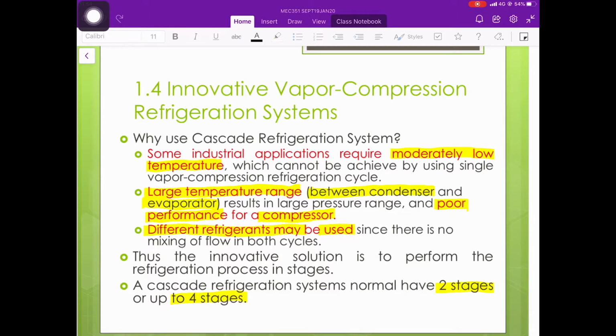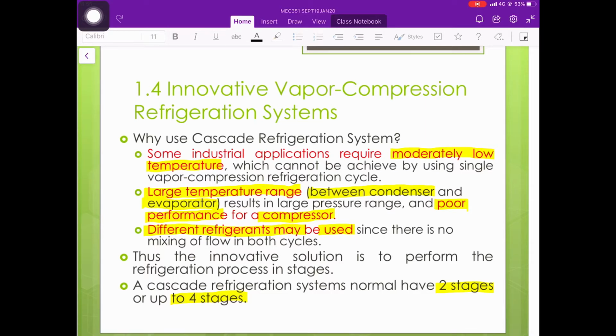Due to the large temperature and pressure range or difference between condenser and evaporator to reach the low temperature requirements, a larger compressor may be needed if simple vapor compression refrigeration cycle is used. This may imply to the cost and the practicality of the system.